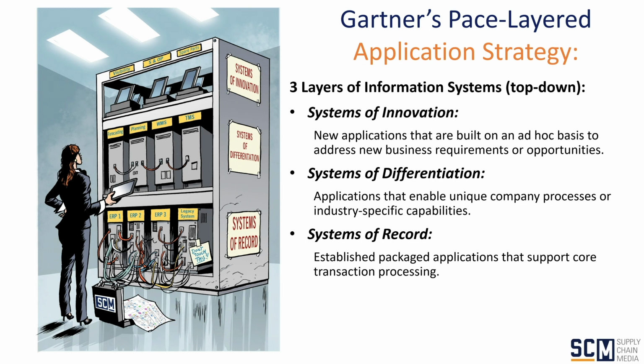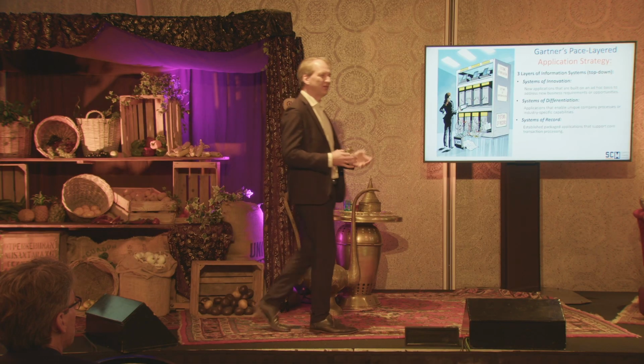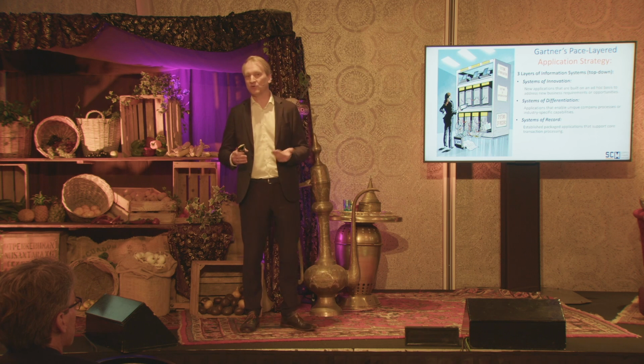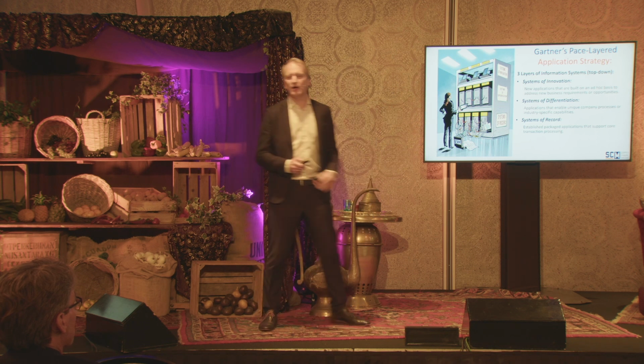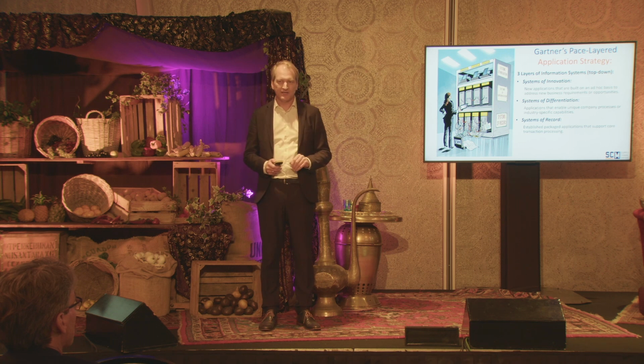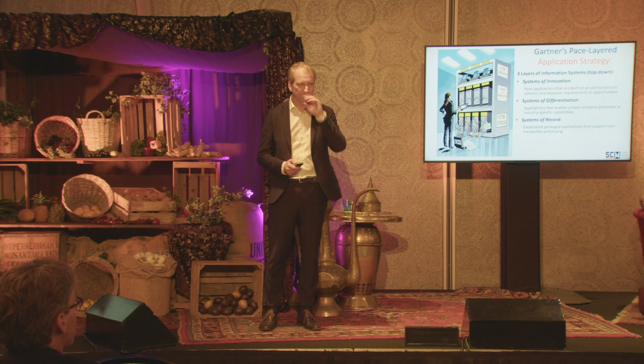That's your system of innovation. And for a lot of you, S&OP software is still innovation. It's kind of new. You're still implementing it or even selecting it. So this is the layer of S&OP on top of it.